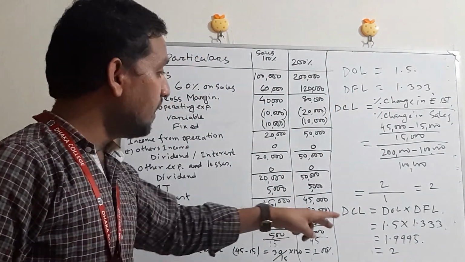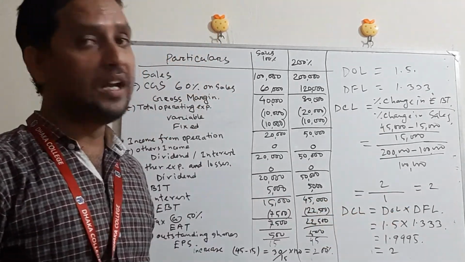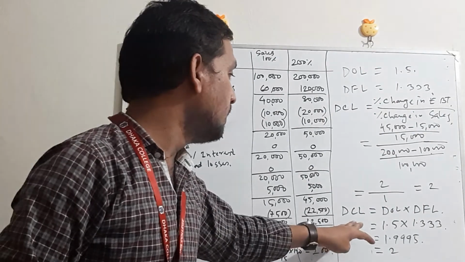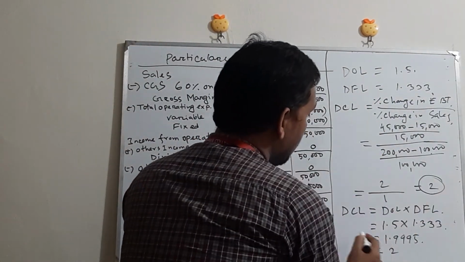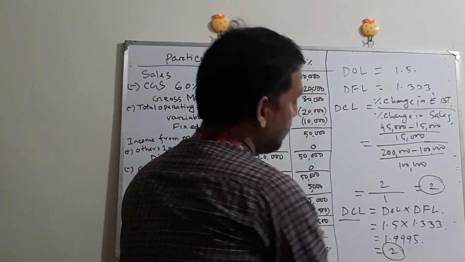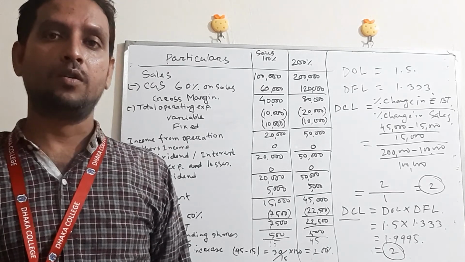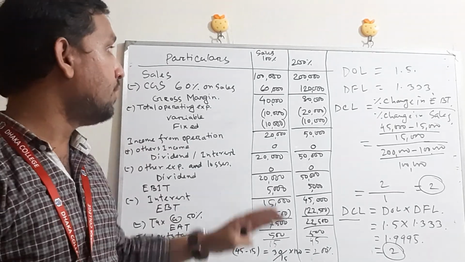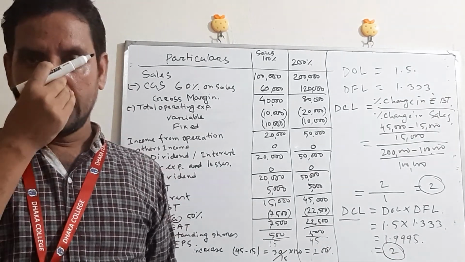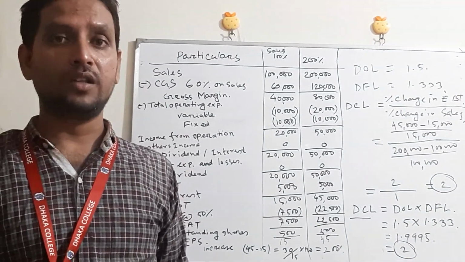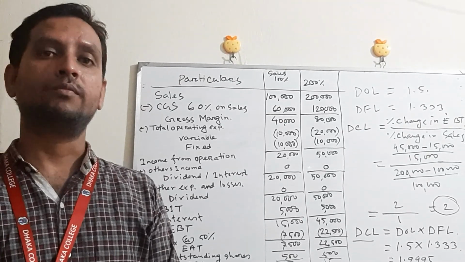So DCL equals DOL times DFL, which is equivalent to DCL 2, and here we also get 2. Okay, dear students, I hope all of you realize this math, and also you will do this math at home. Please stay home, stay safe.